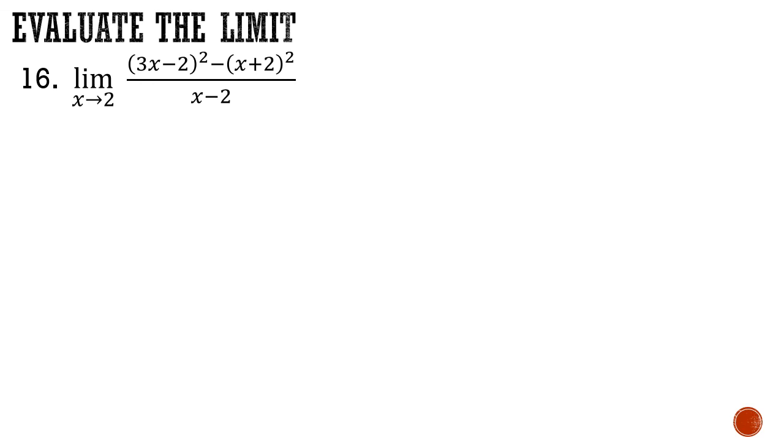Believe it or not, this is factoring. And it's a difference of 2 squares. Like you've got first term squared minus second term squared. Limit as x approaches 2. So take the square root and you get 3x minus 2. I'm going to use another set of parentheses plus the square root of the second term, which is x plus 2.